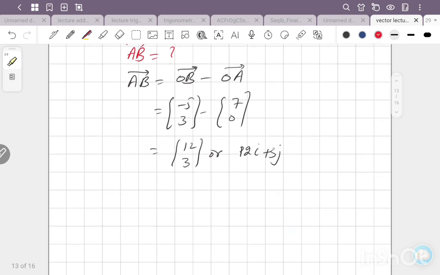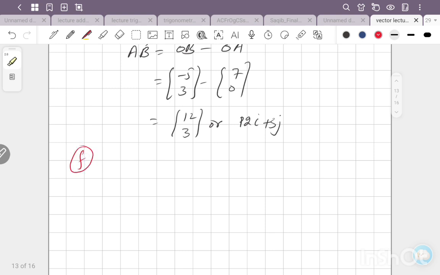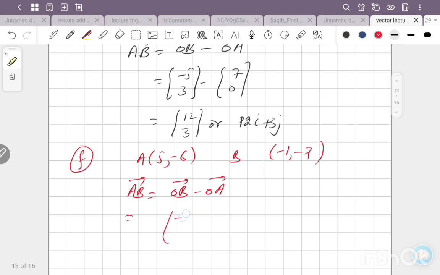Now the next part is the F part. A is (5, minus 6) and B is (minus 1, minus 7). So how do we write it? The AB vector is the OB vector minus the OA vector. Here the OB vector is (minus 1, minus 7), and the OA vector is (5, minus 6).